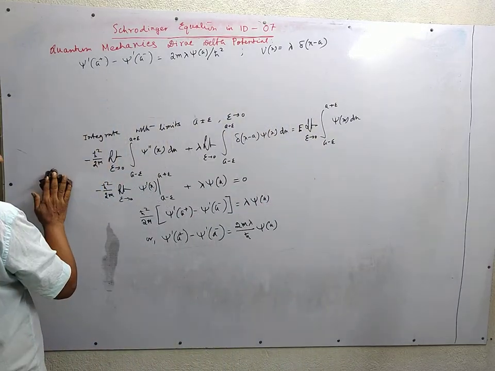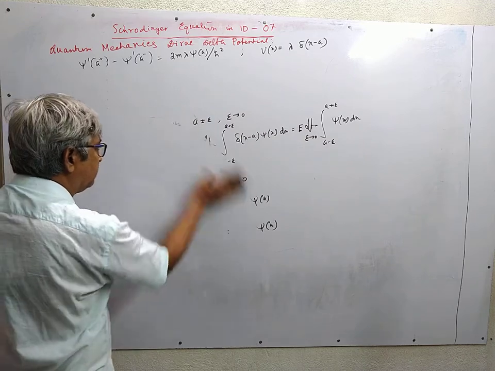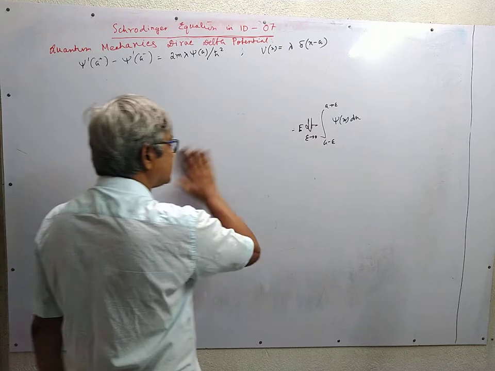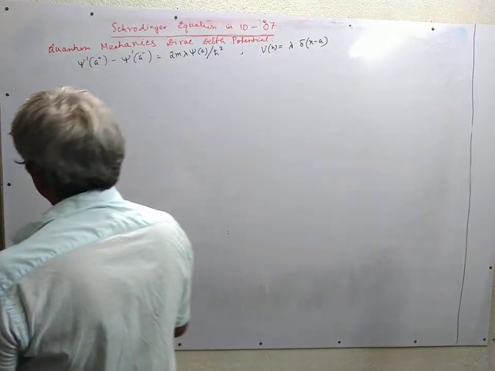Now we consider the Schrodinger equation for the quantum bound state of a particle of mass m under the action of an attractive delta potential.